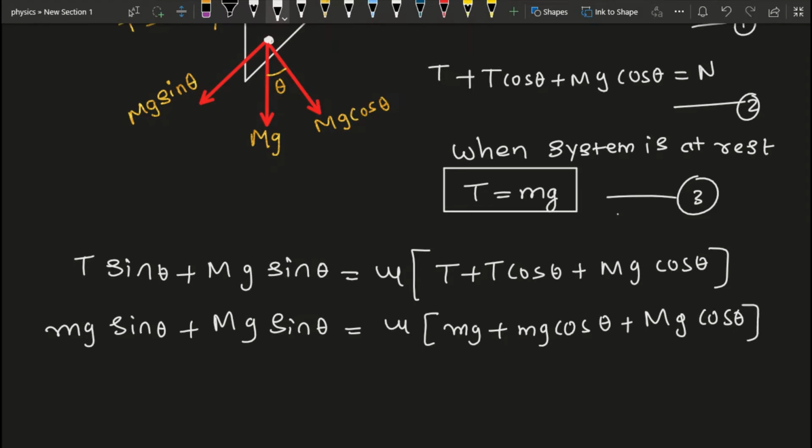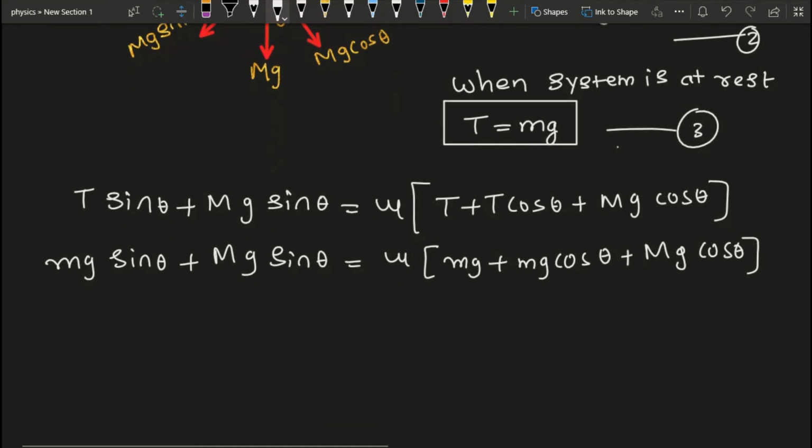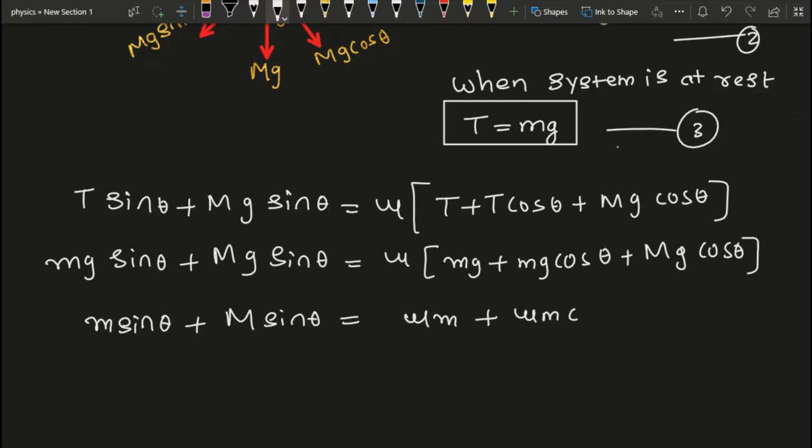You can cancel the g throughout the equation, and simply write small m sin theta plus capital M sin theta is equal to mu into small m plus mu into small m cos theta plus mu into capital M cos theta.